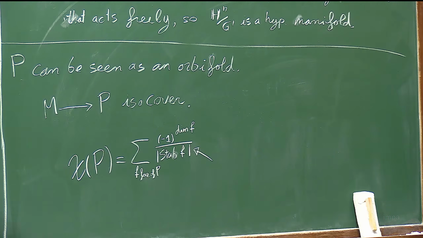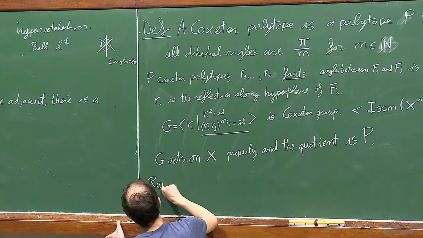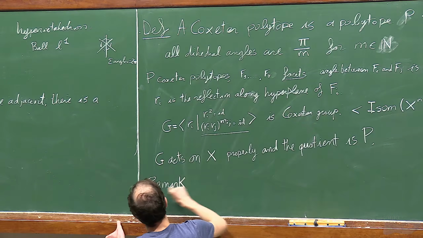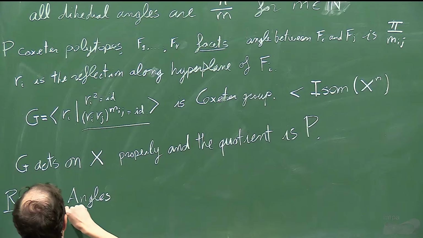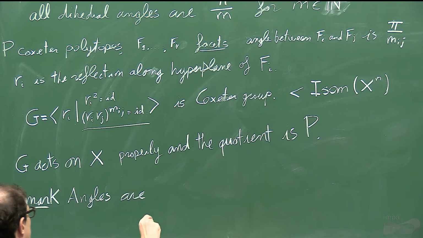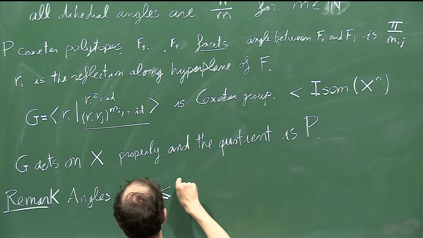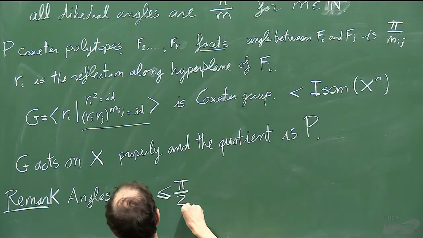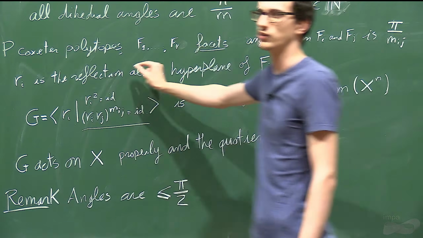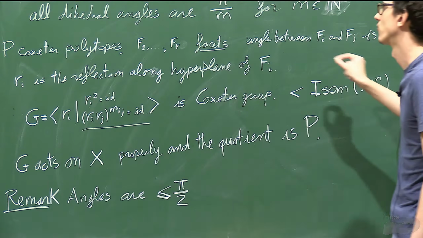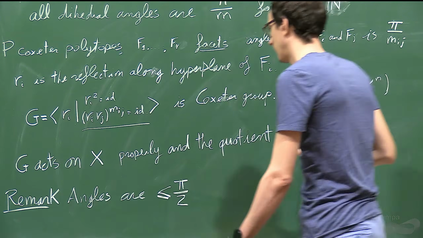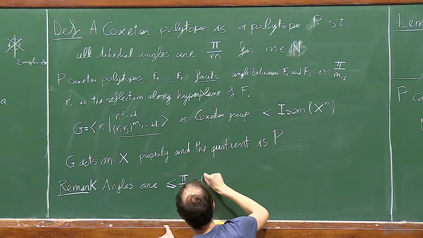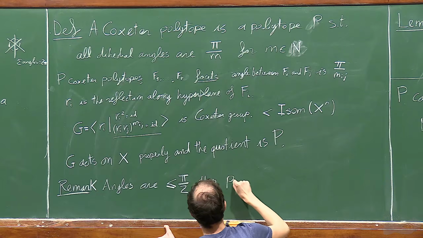Yes, let's say this just as a curiosity. So when the angles are non-obtuse, which is always the case for a Coxeter polytope, unless we are considering angle pi in some weird spherical thing, then the polytope is simple.